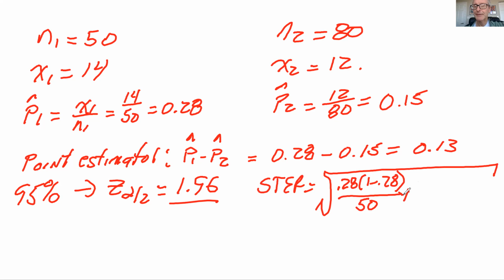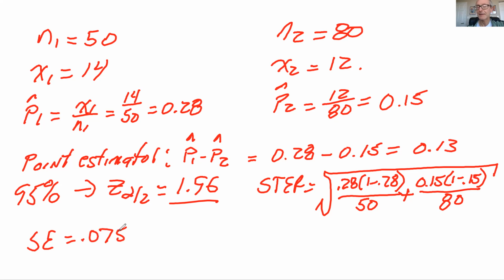And then you add P2 times 1 minus P2, and you divide that by N2, which is 80. And if you get out your calculator, you would see that you would get a standard error, I'll just call it SE in this case, of 0.075, and then the book had some more, 0.005.